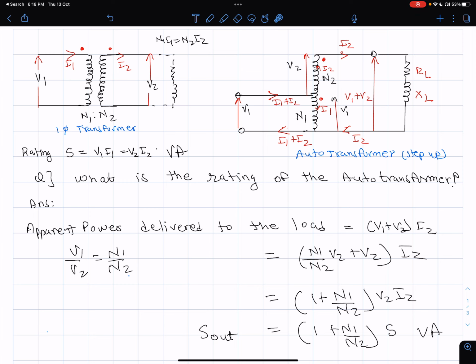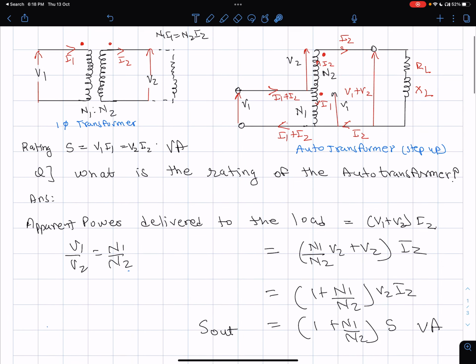What gets done through the magnetic coupling is still the same, V1 N1 here and V2 N2 here, but the electrical coupling causes the remaining power to flow from the primary to the secondary side.